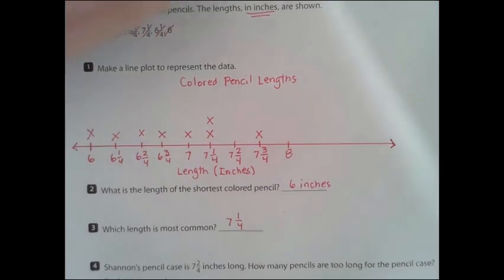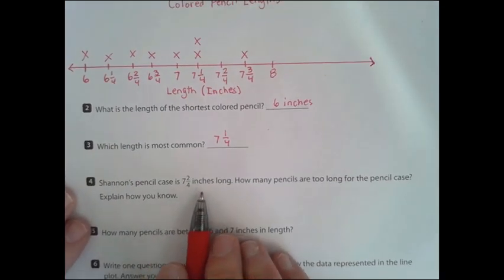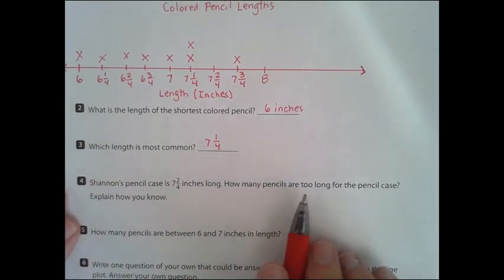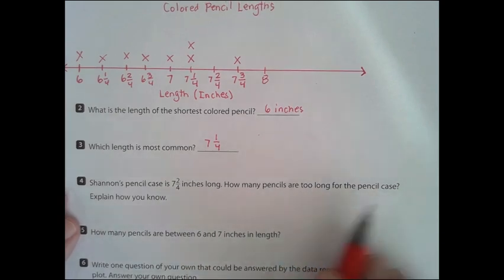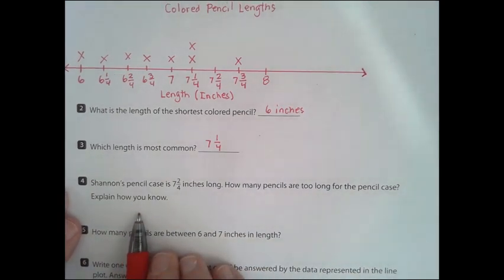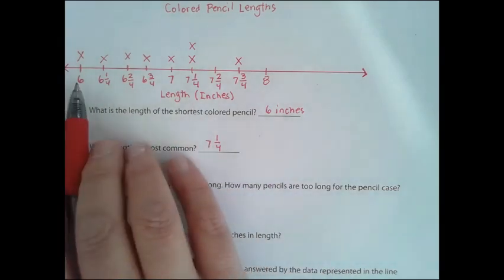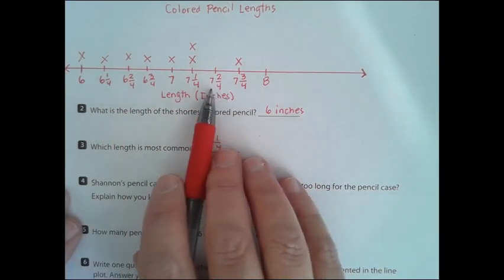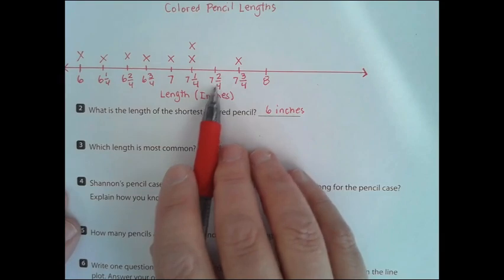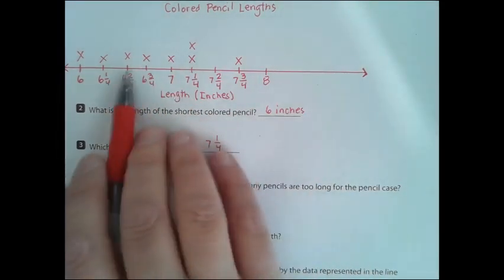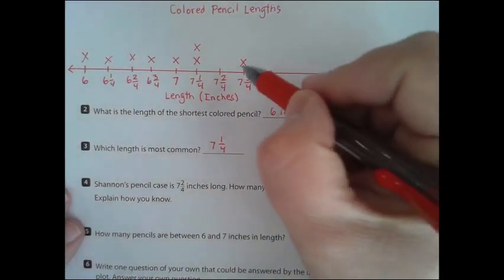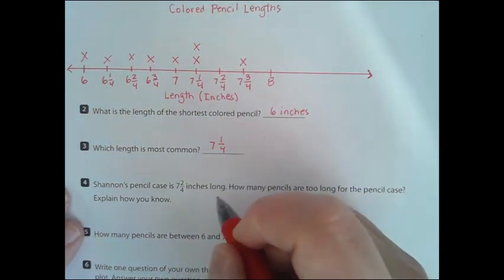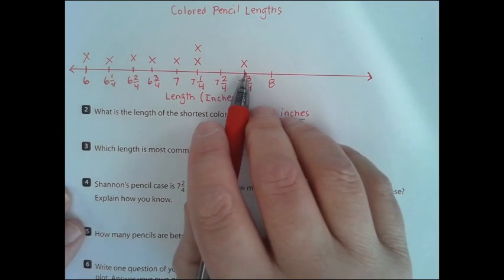Okay, moving along. Shannon's pencil case is 7 2/4 inches long. How many pencils are too long for the pencil case? Explain how you know. Well, all of these pencils are shorter than 7 2/4. So they would fit in her pencil case. However, we have one pencil here, 7 3/4, that's too long.